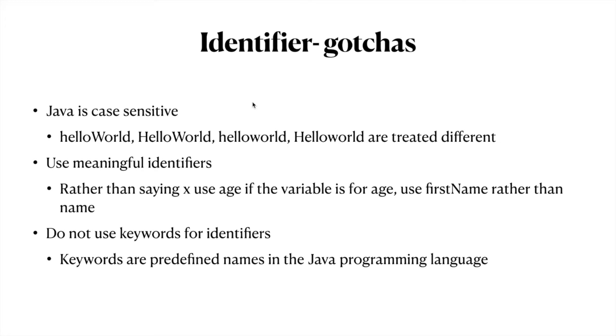And the other is we cannot use keywords as identifiers. Keywords are words included in the programming language and have meaning in the programming language. For example, the word int is a word representing the data type integer, and we cannot use an identifier called int, and we cannot use an identifier called boolean.